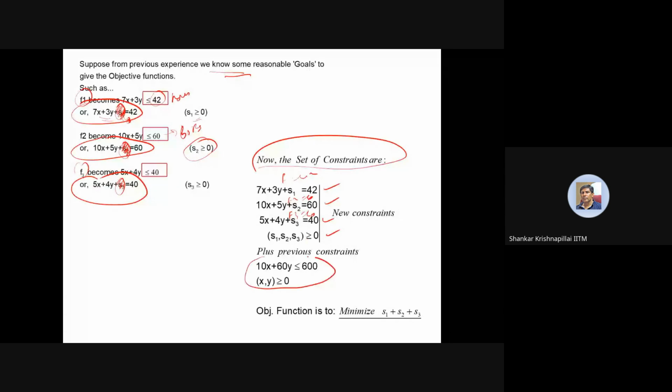Now our objective function is to minimize S1, S2 and S3, by minimizing the sum of S1, S2 and S3.